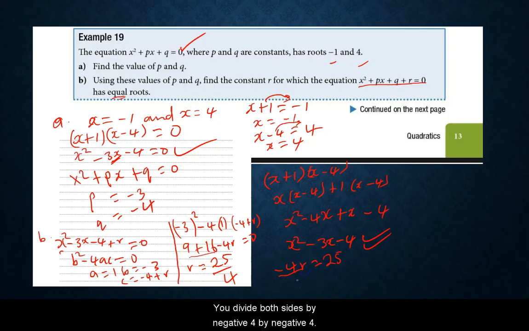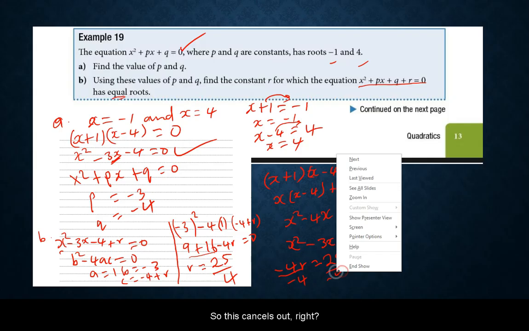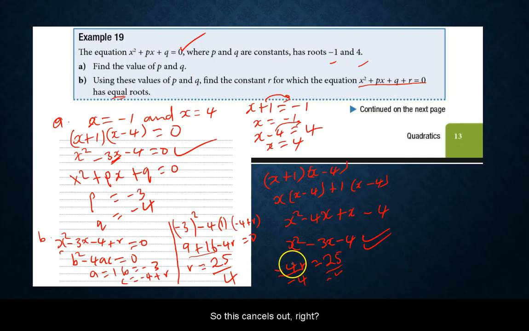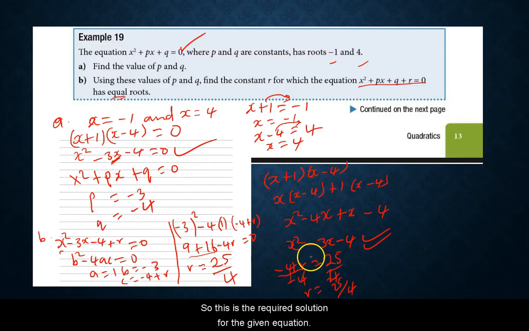We divide both sides by 4, so this cancels out, and we simply have r as 25 over 4. So this is the required solution for the given equation.